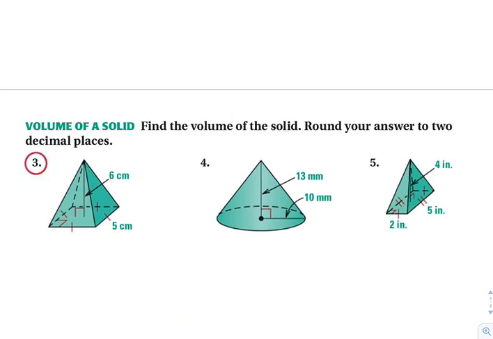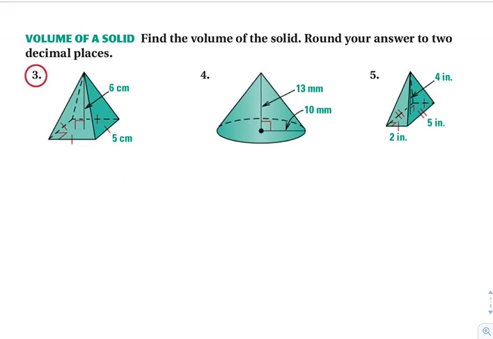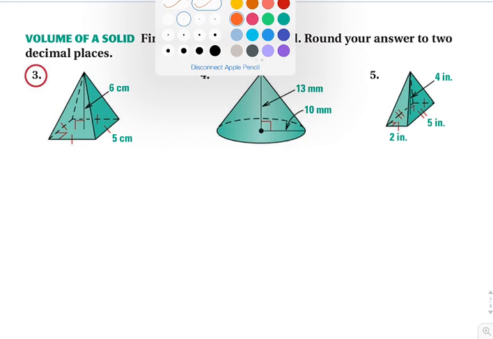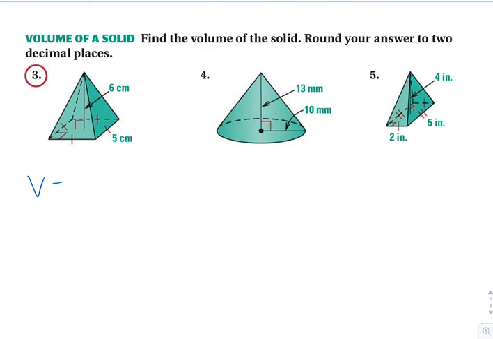Okay, so down here, let's do a couple examples. So number 3, pretty straightforward. We say, okay, well, the volume is 1/3 the area of the base times the height. Now it gives us the height here, perpendicular to the base. The height is 6. The base is a square.